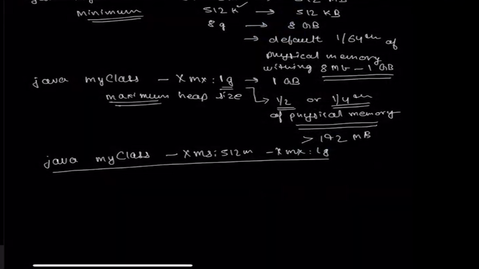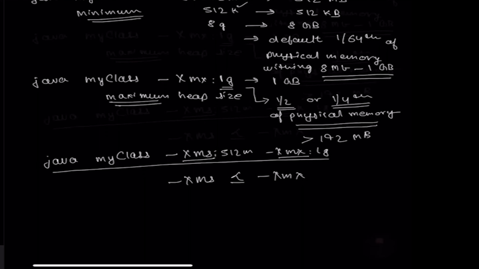And since Xms is minimum size and Xmx is maximum size, it is obvious that minimum size cannot be greater than maximum size. The best it can do is be equal to maximum size. In that case, the Java process will start and continue to run with a fixed heap size, but it cannot exceed the maximum size.